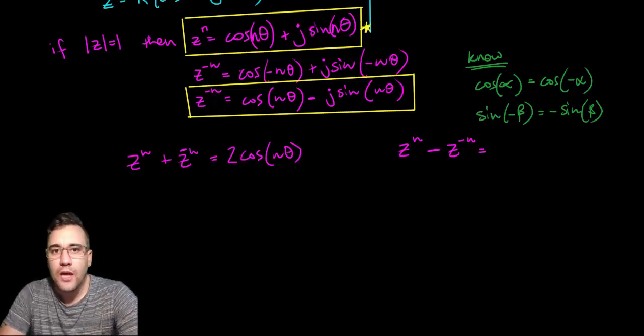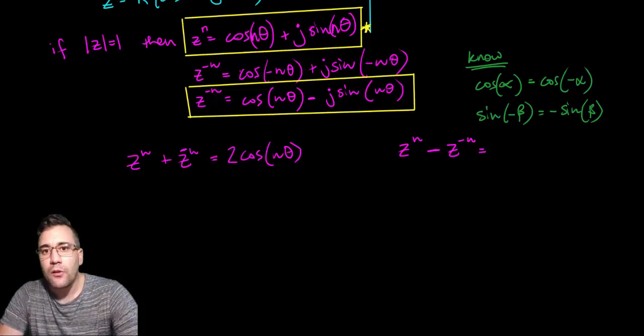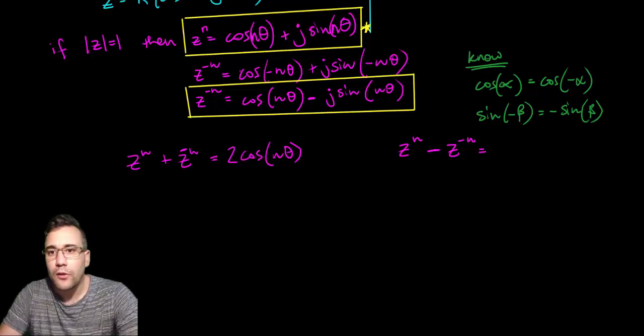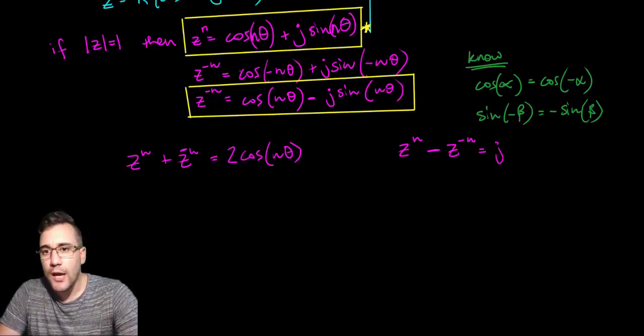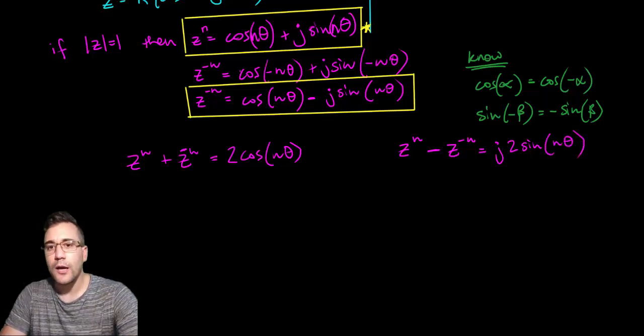If we apply the same rationale, so this top one minus this bottom one this time because we're subtracting, cosine n theta minus cosine n theta is 0. j sine n theta minus negative j sine n theta, well, minus a negative is plus, so it's going to be j 2 sine n theta, right?